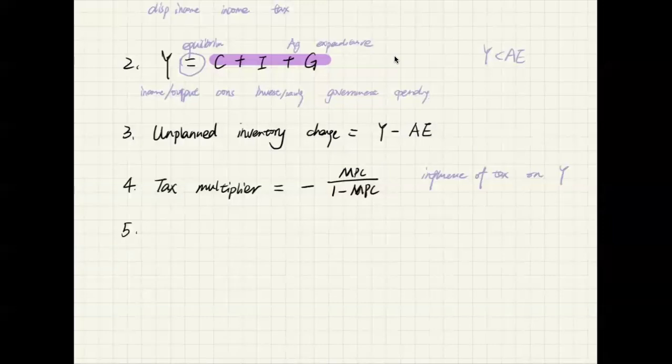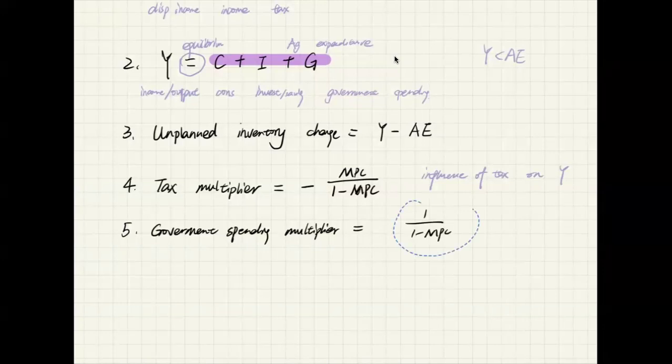Okay, corresponding to the tax multiplier, there's a government spending multiplier equals 1 over 1 minus MPC. Sorry, not negative. This has the same meaning.